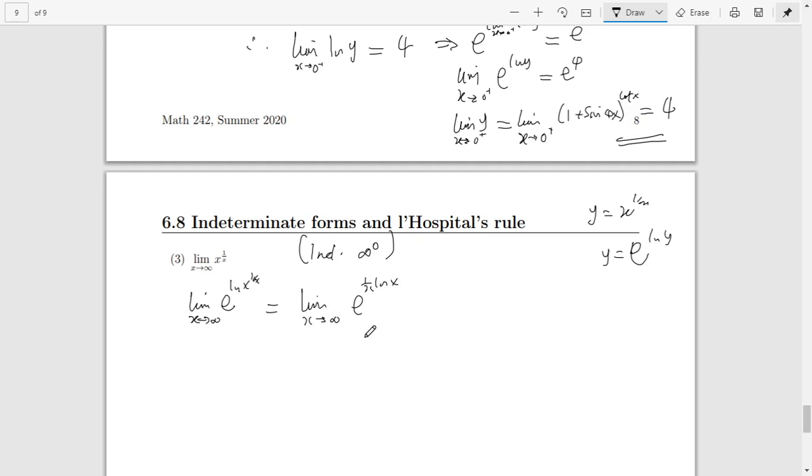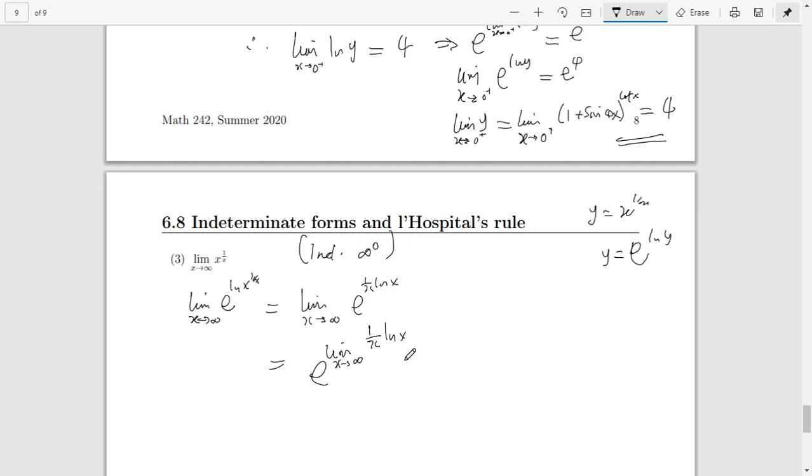So what is that going to give to me? Well, I can take this limit above. If I take the limit to the power, the exponential function is continuous, so this will be equal to e to the limit as x tends towards infinity of 1 over x natural log of x.